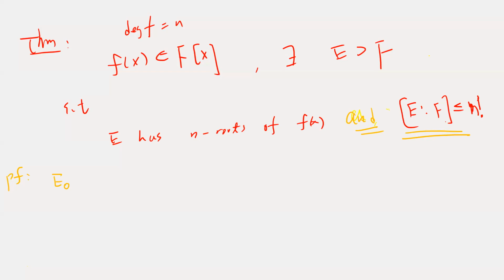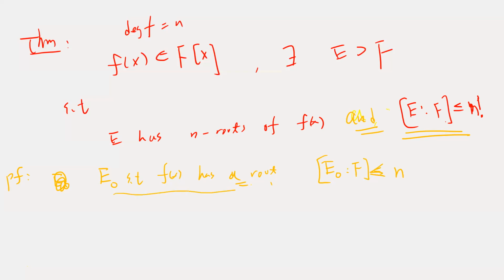So I can first find the extension field E0 such that f(x) has a root. I say has a root, not necessarily only one root. Maybe it has n roots. So [E0 : F] is less than or equal to n.